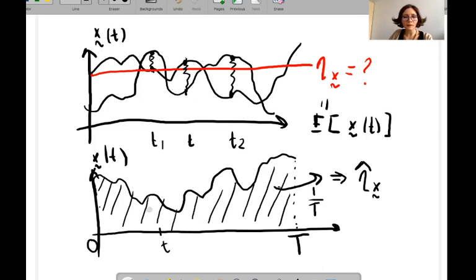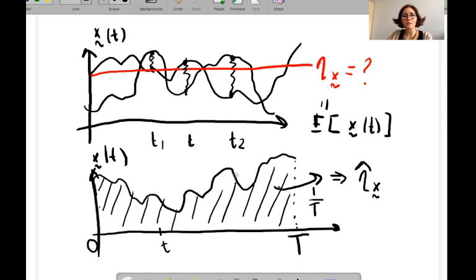It is obtained by looking at the random process over a very large interval of time. So in this estimate, you have the contribution of observations of the random process at many time instances, infinitely many of them. One is the expectation of a single random variable, the other one is the time average. So these are conceptually different things.